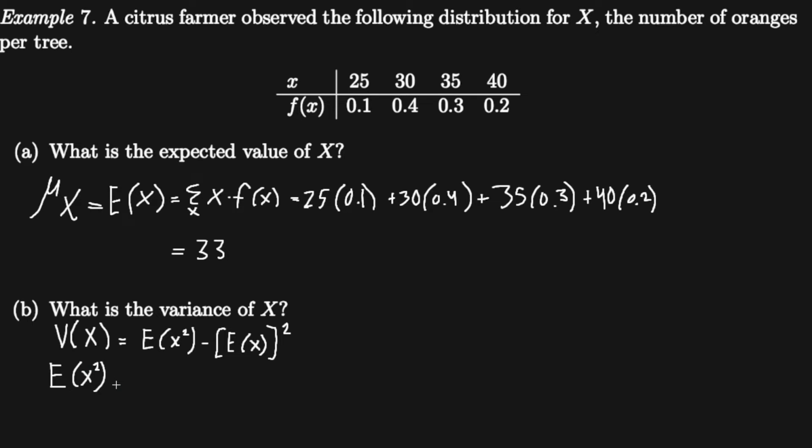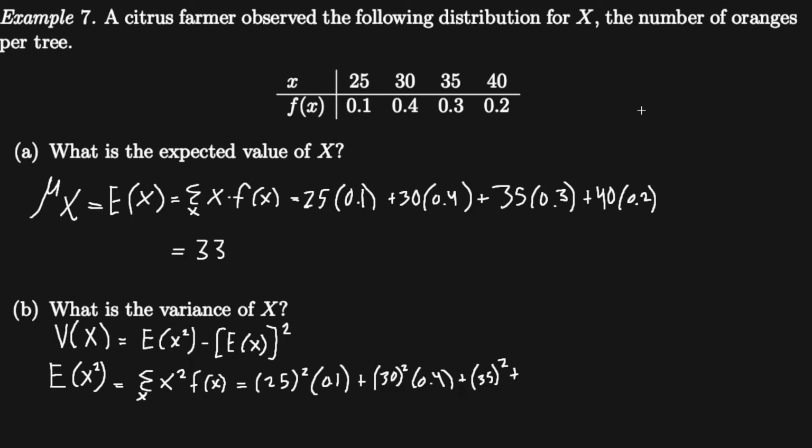Very simple, same formula, but instead of x times f of x, it will be the summation of x squared times f of x. So we have 25 squared times 0.1 plus 30 squared times 0.4 plus 35 squared times 0.3 plus 40 squared times 0.2.